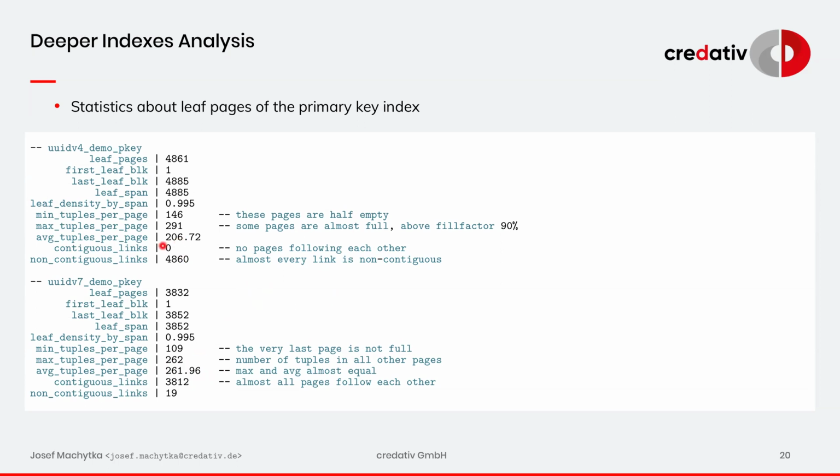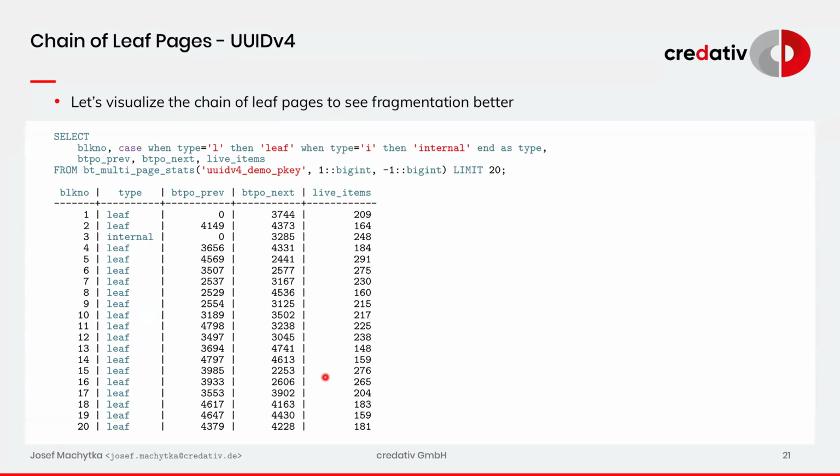And we can see here that in that B3 index for UUID version 4, those pages are completely randomly distributed over the index, but here in the primary key index for UUID version 7, almost all pages follow each other. Yeah, I will show you details.